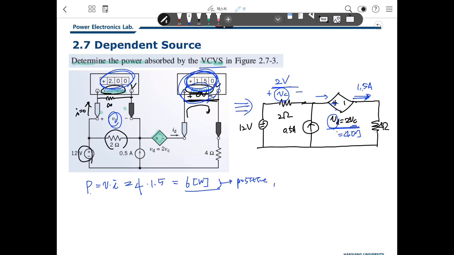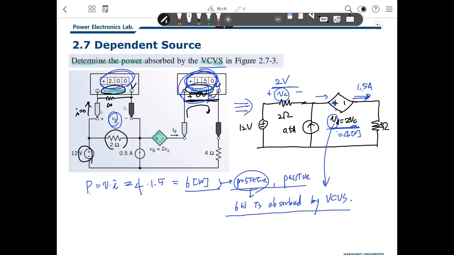Because this is a passive convention, a positive value means 6 watts is observed by VC, VS in this circuit. This is observed.